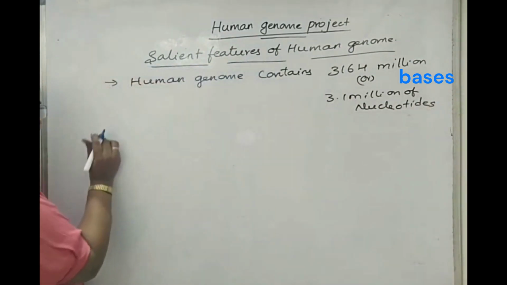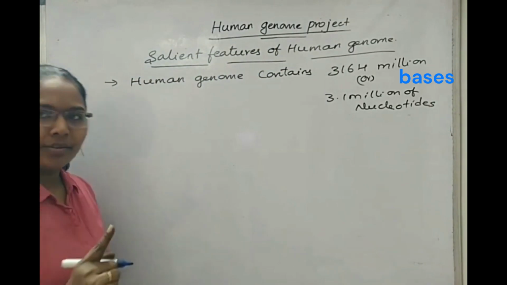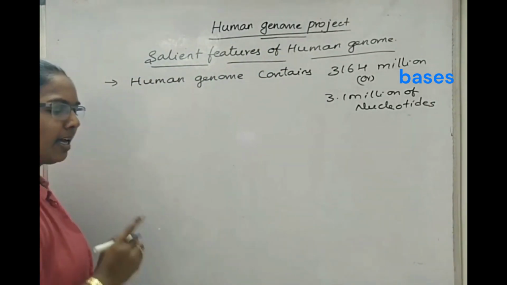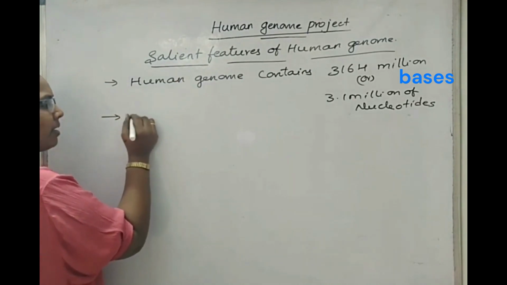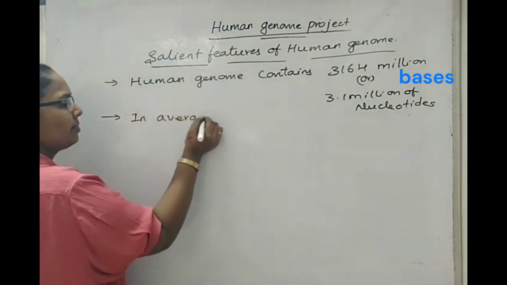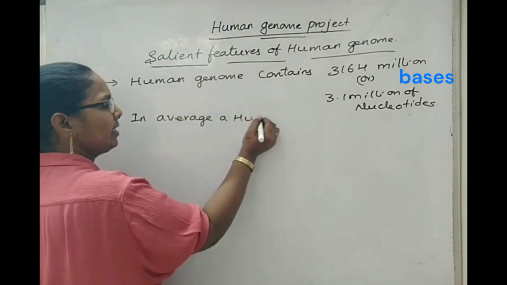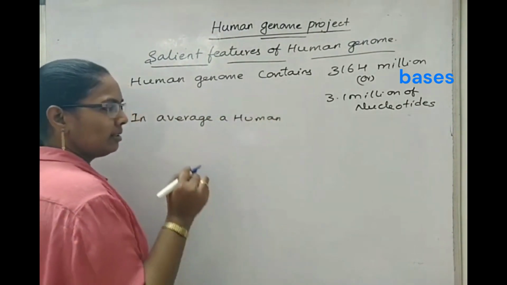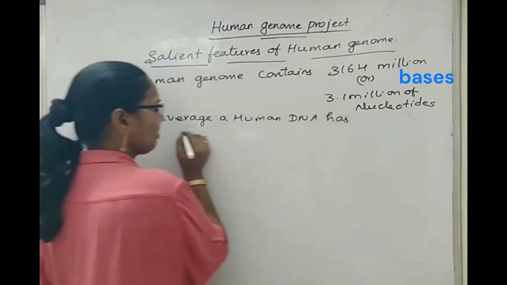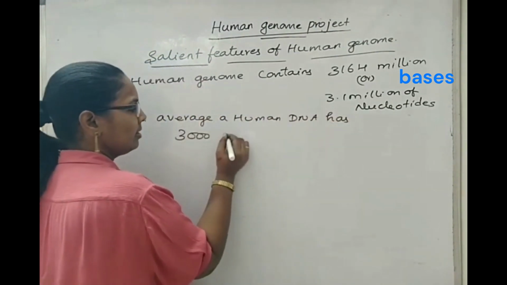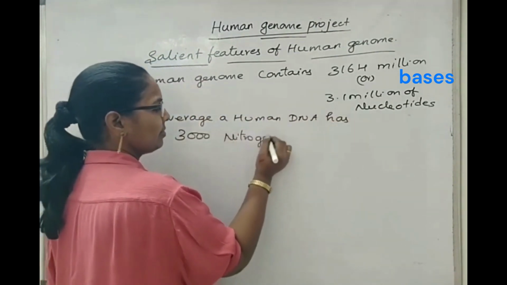And also, on average, one human DNA, I'm not talking about the genome here, a human DNA, has 3000 nitrogen bases.